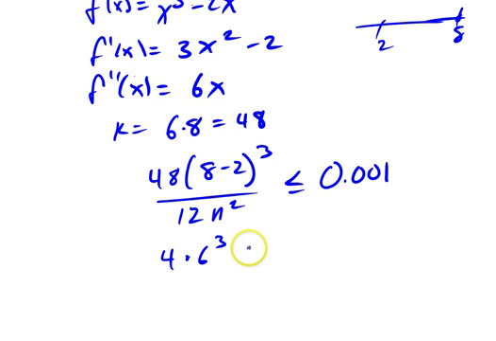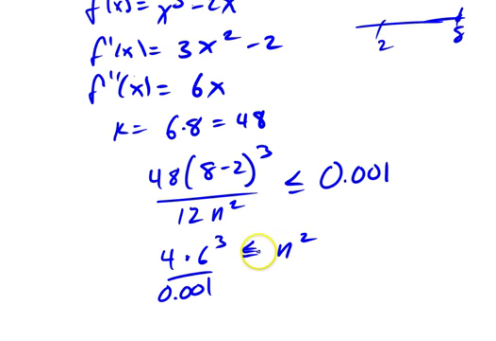I'm going to multiply by that n squared, so that comes up over here, n squared, and I'll divide by this thing, 0.001. I should point out that as you're multiplying and dividing with an equality, it's no problem. With an inequality, you've got to be careful that you don't swap the order of the inequality.